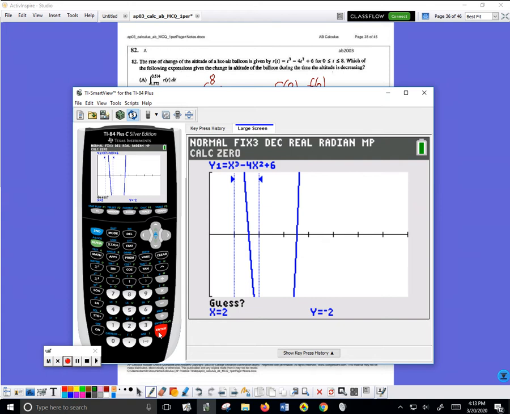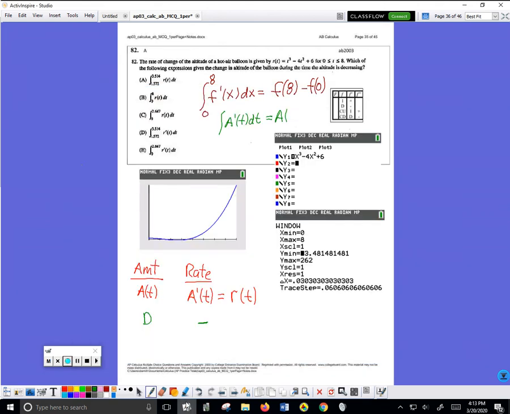I guess I just need to be somewhere in the middle, about 1.5, and it finds the zero. I don't really need to store it because the problem is not asking me to calculate anything. Just need to remember that that time right there is about 1.57, and they've got right there 1.572.